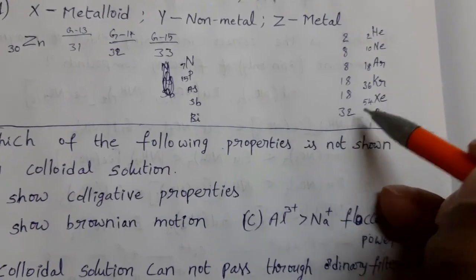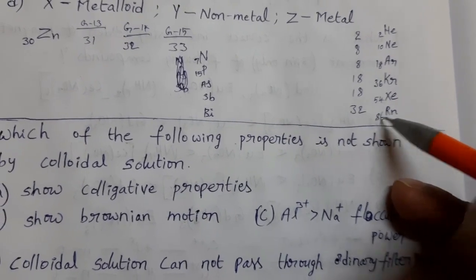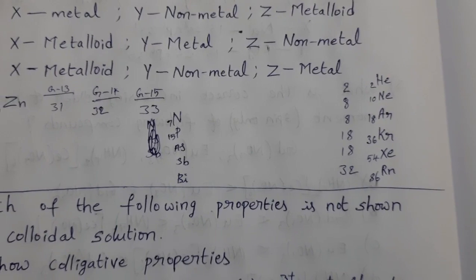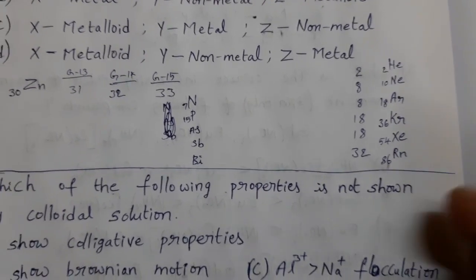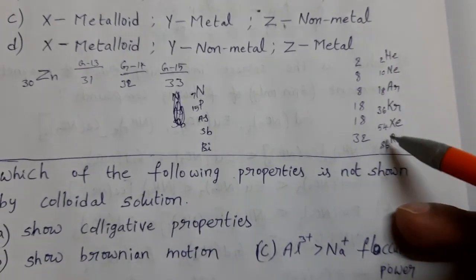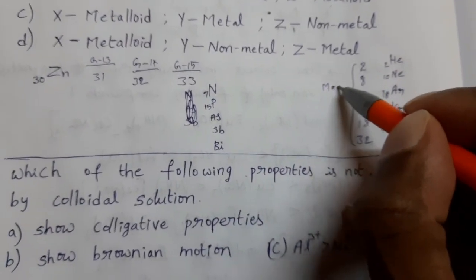For radon, add 32, then we get atomic number 86. By remembering these numbers, we can get atomic numbers of noble gases. So these are called magic numbers.